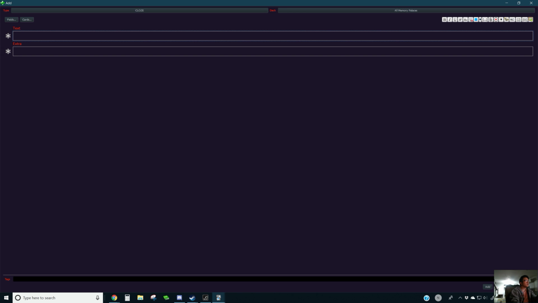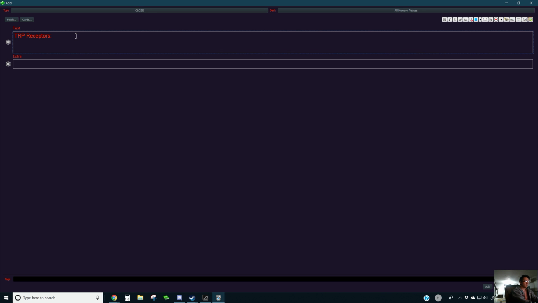Next up we got TRP receptors. TRP V, wait, is it V1? Yes. V1, capsaicin.